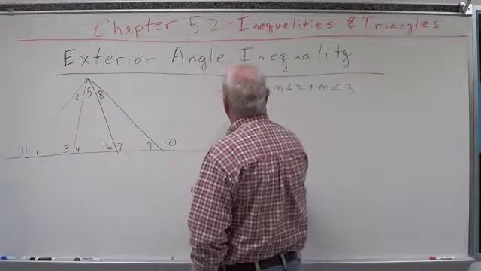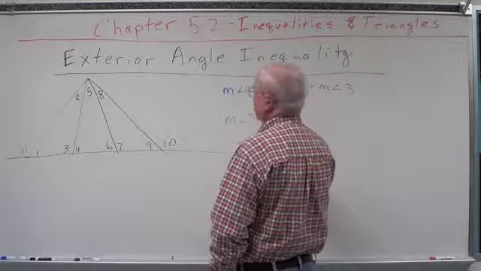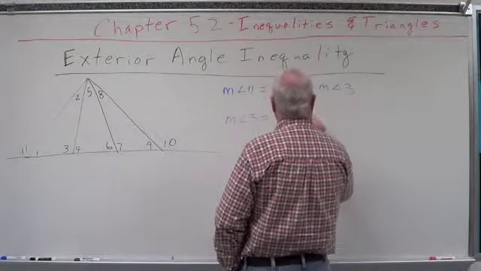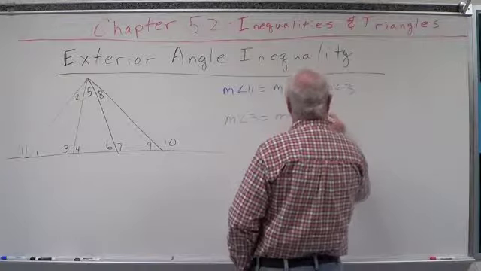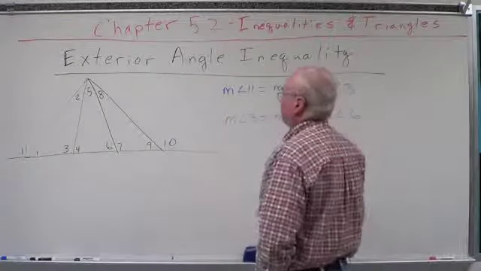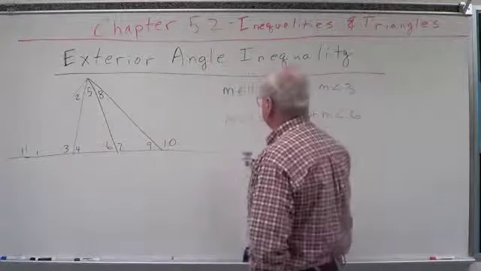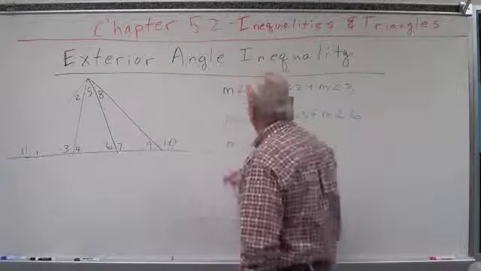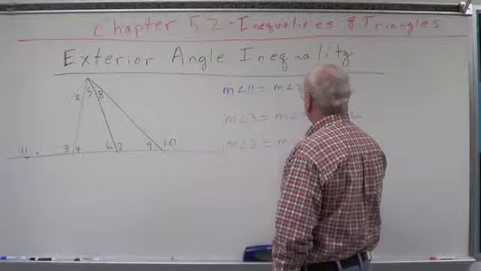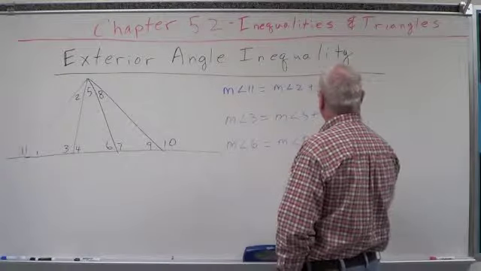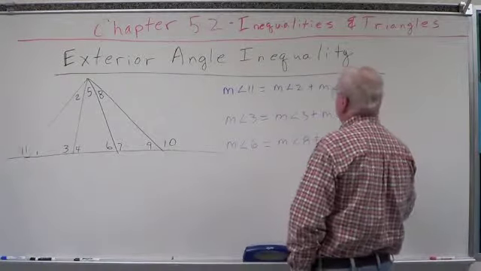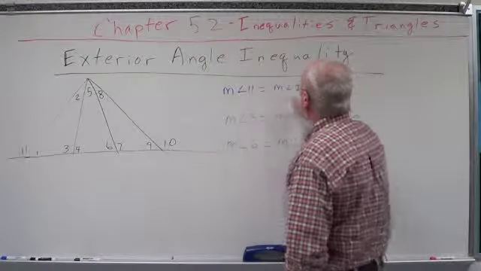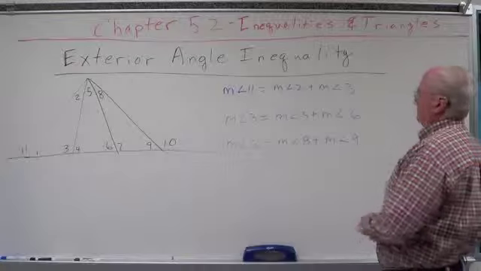The measure of angle 3 equals the measure of angle 5 plus the measure of angle 6. The measure of angle 6 equals its two remote angles, the measure of angle 8 plus the measure of angle 9. So angle 11 is going to be greater than all of these angles.